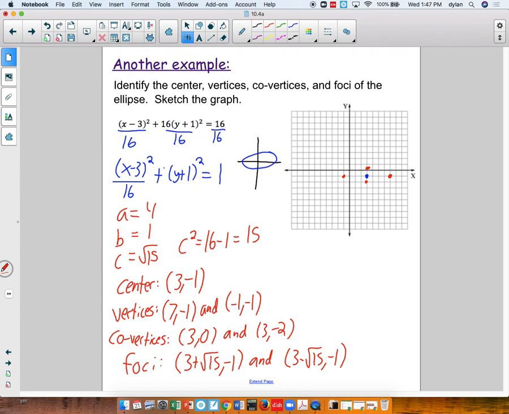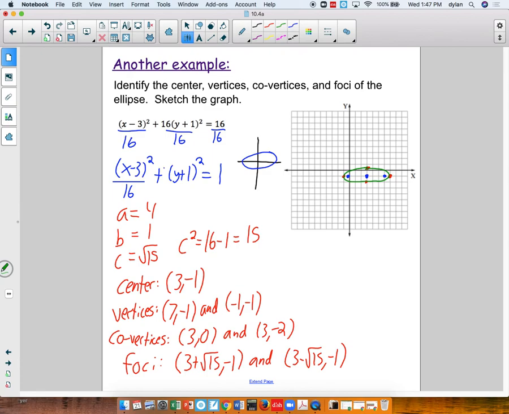So our foci would be just inside our two vertices. And then if I go to draw in our ellipse, hopefully yours will be much better than mine was, but that gives you the rough shape for what that would look like.